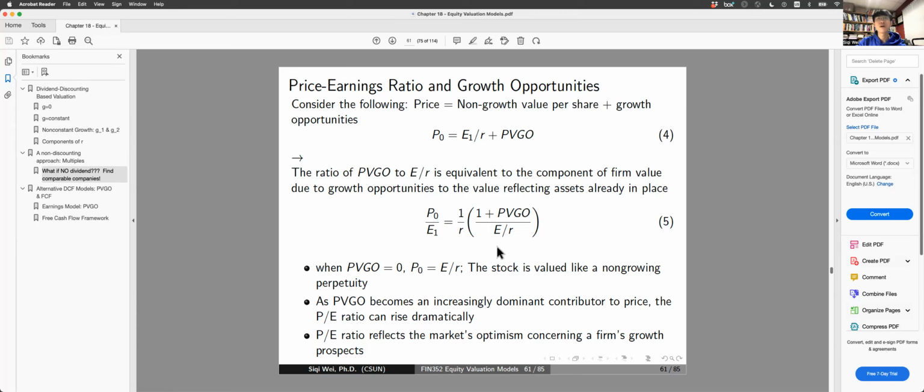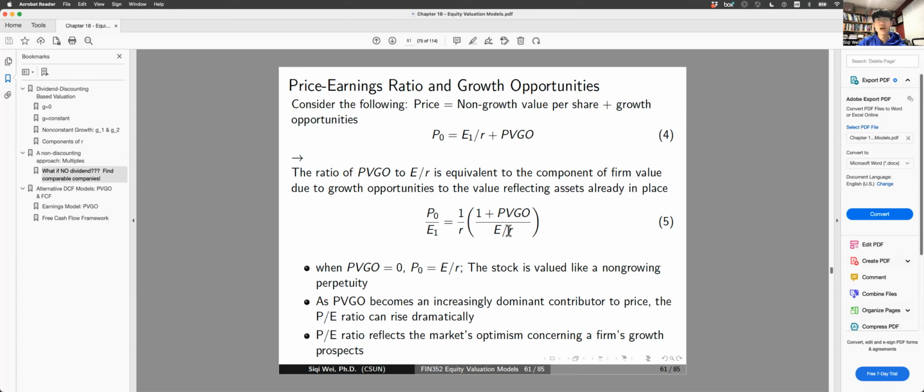Think about the case where PVGO, growth opportunity, doesn't exist. What happens? This term does not exist.